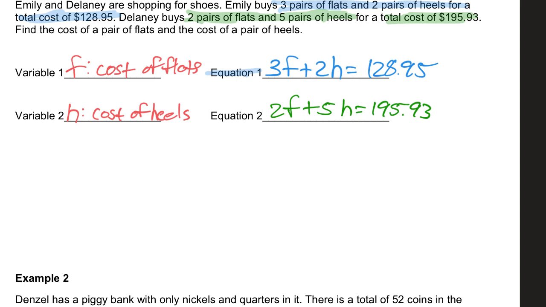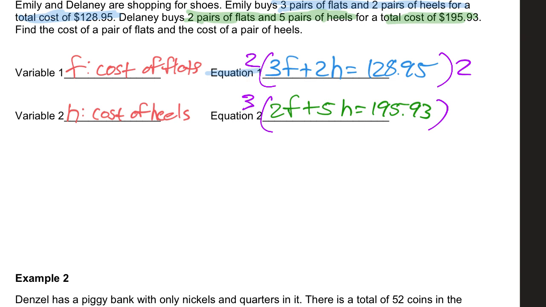So my numbers are a little bit smaller, I'm going to multiply to get rid of my f's. So here's the trick. Multiply by the other equation's coefficient. So if I look at this first equation, if I want to get rid of the f's, I'm going to multiply by the 2 from the second equation. For equation number 2, I'm going to multiply by the first equation's coefficient, which is a 3.